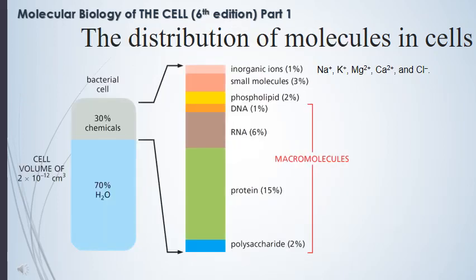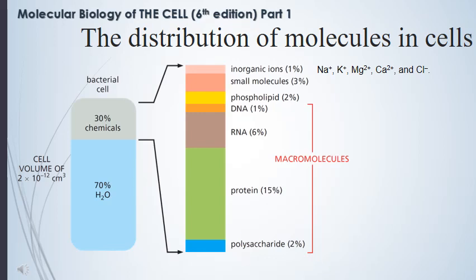So just to look at the overall composition of, let's say, a bacterial cell in this case, let's look at its chemical composition. A bacterial cell is 70% water, and of the remaining 30%, 15% is protein.